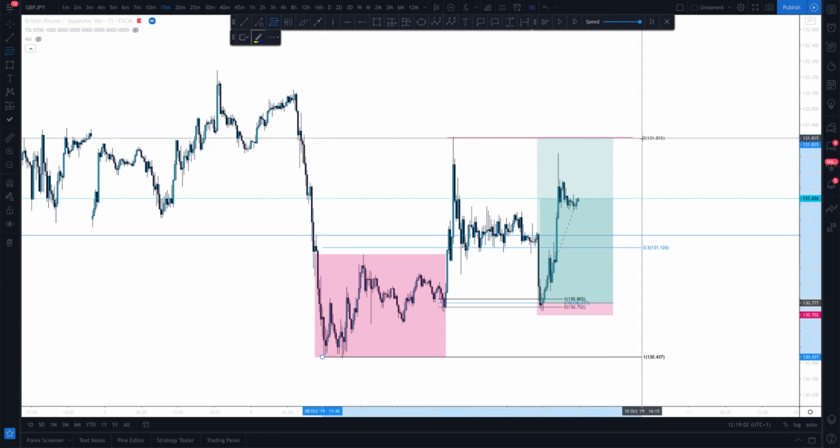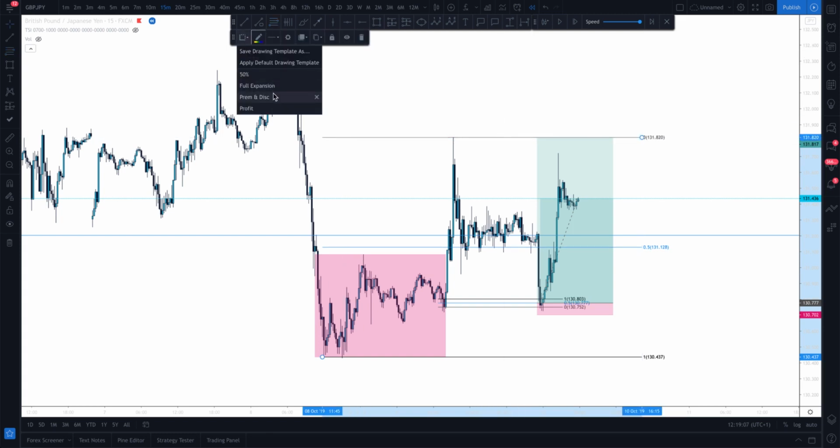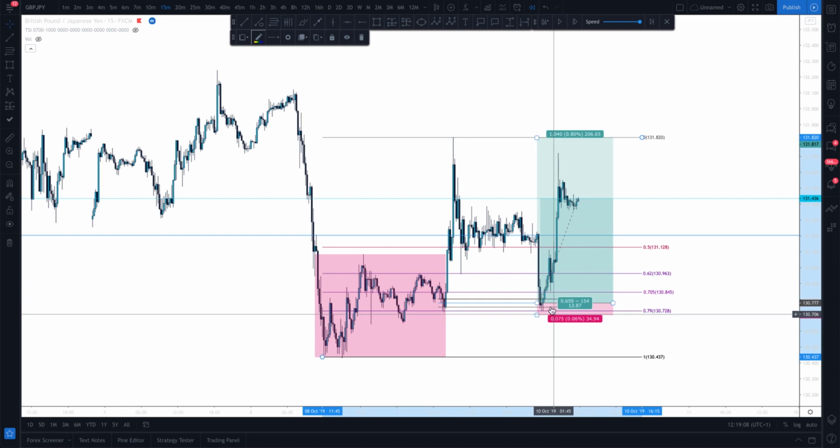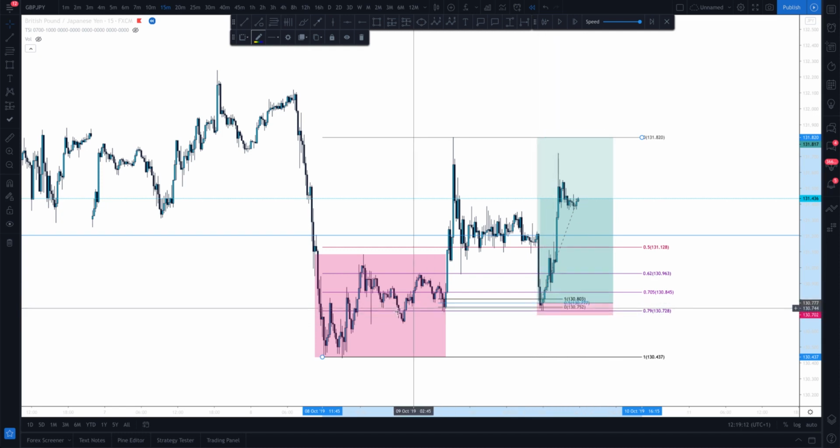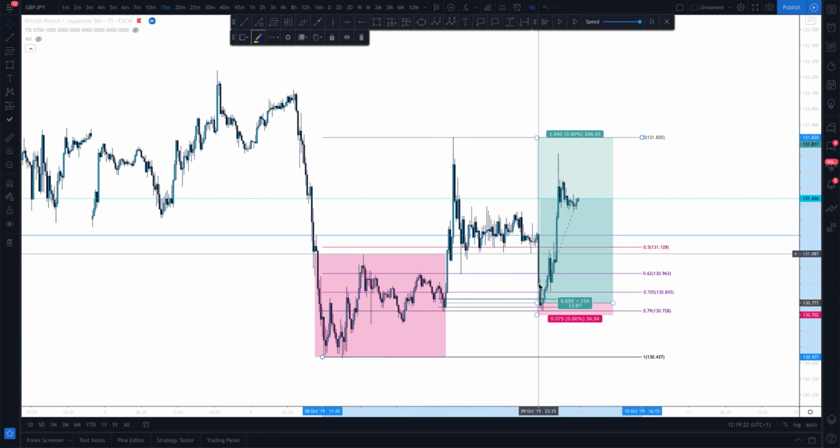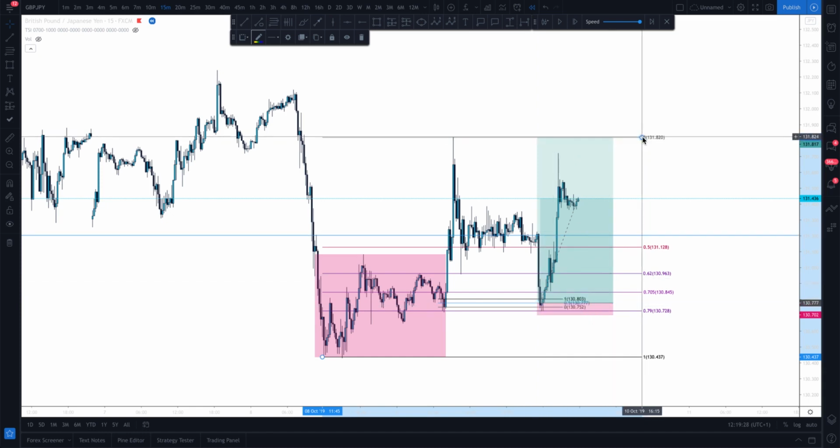You also saw that price came down into a more discounted market before continuing. So even though price came up and down and tapped the 50%, there was something at a more discounted market that was more favorable for price to come down, mitigate out of, before continuing.